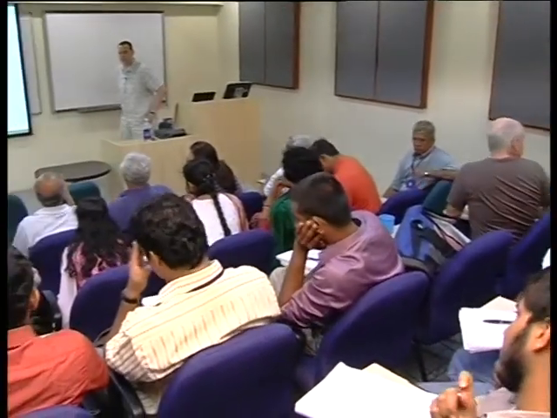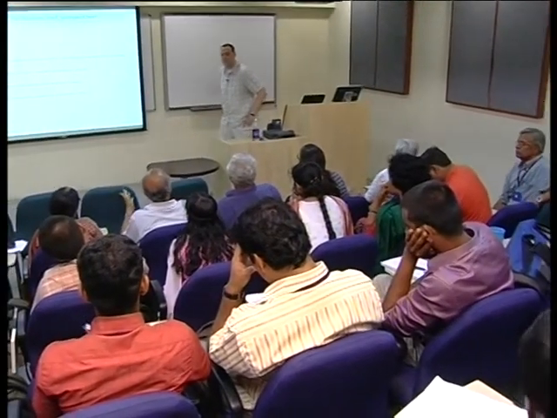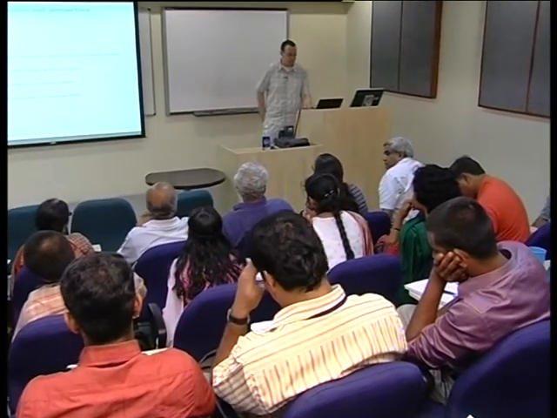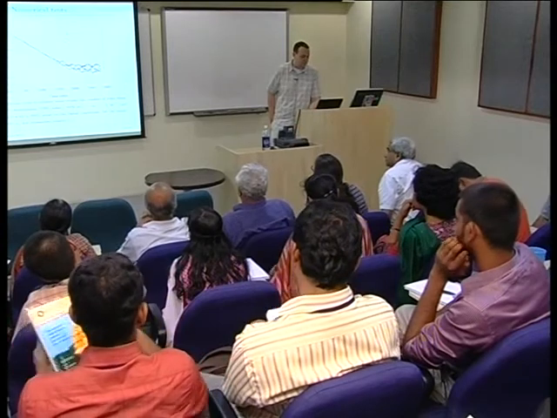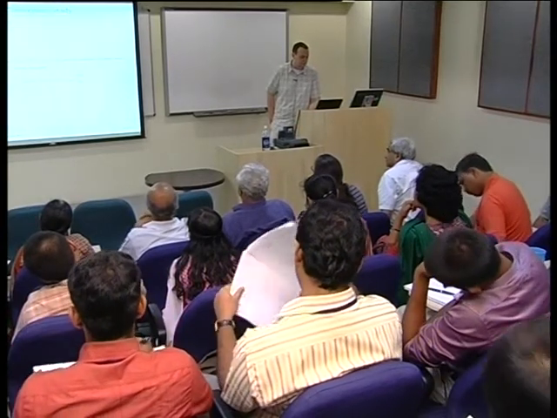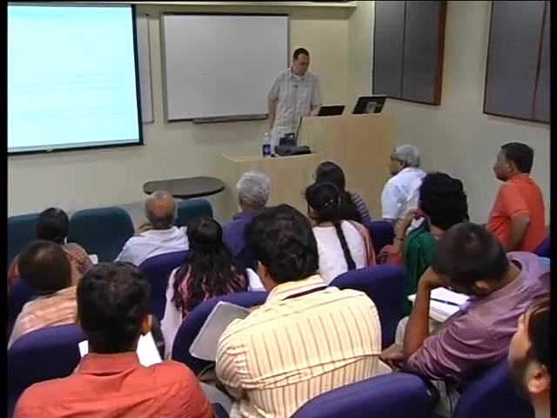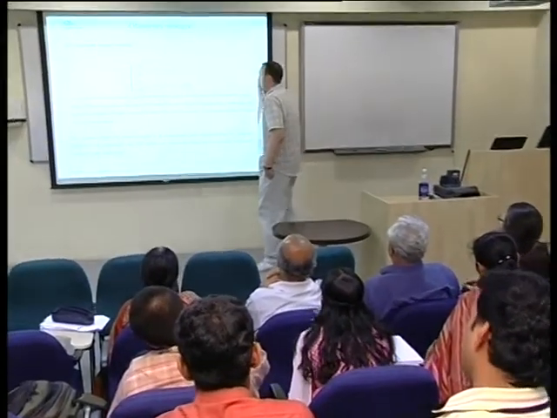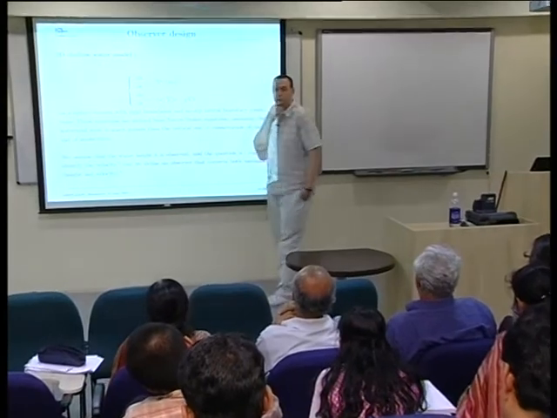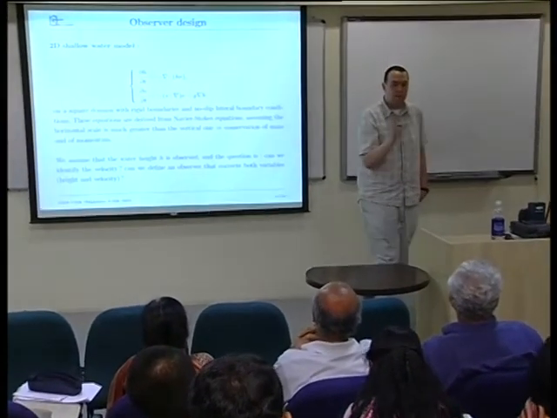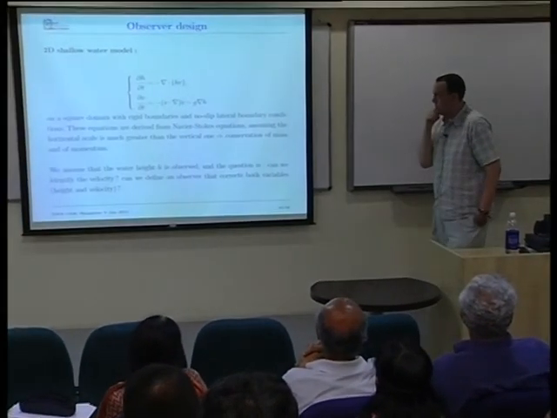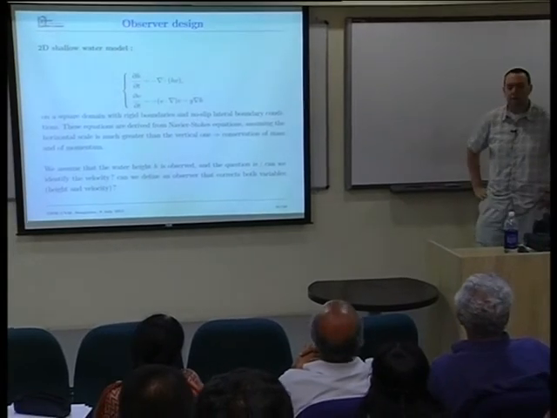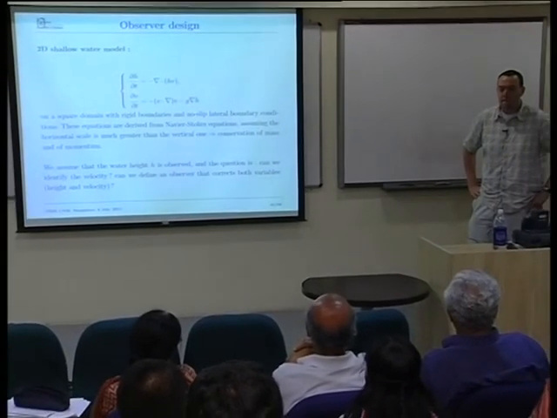Theoretically, suppose you observe velocity, h is easy to control? Yes, I think so. Probably because if you know V, it's linear in H, so I think it's not very difficult.